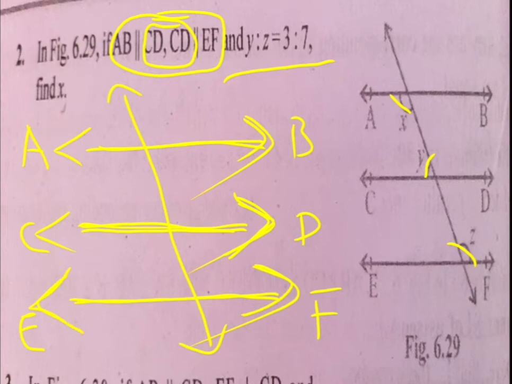So we can say that this AB line is parallel to EF line with the help of our axiom. If any line is parallel to the same lines, then they are parallel to each other also. Here AB and EF are parallel to CD line, therefore AB and EF are parallel to each other also. So that thing we can conclude here.